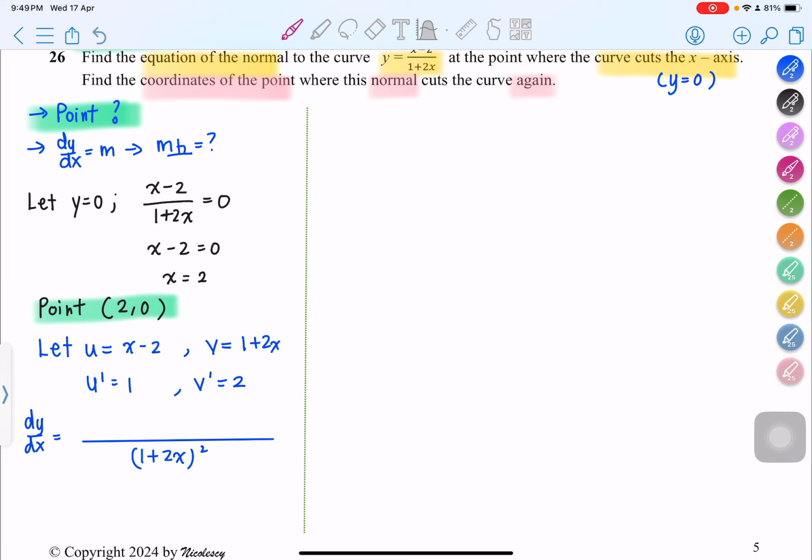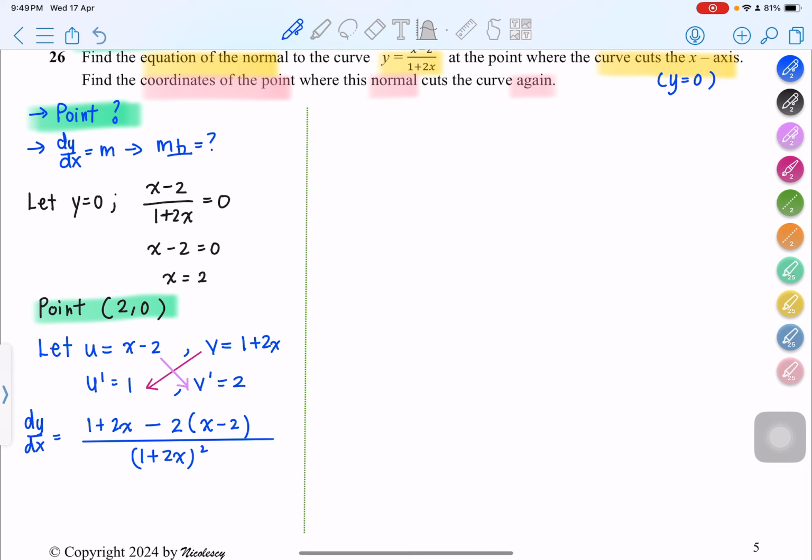For the numerator, I take v multiplied by u prime, so I get 1 plus 2x, minus u multiplied by v prime, which is (x minus 2) times 2. So I get 2 times (x minus 2).